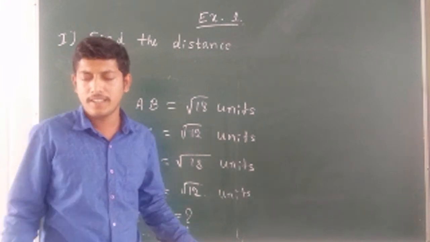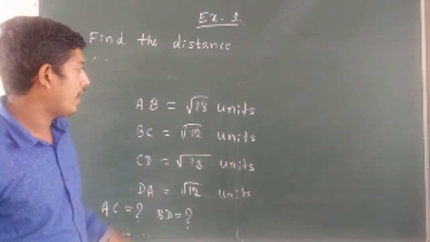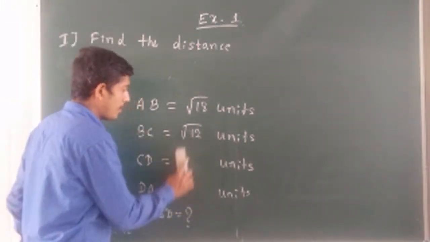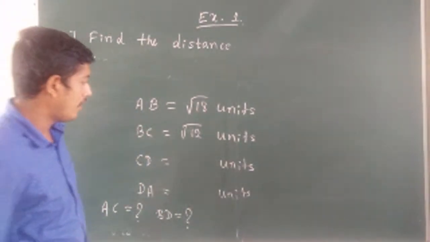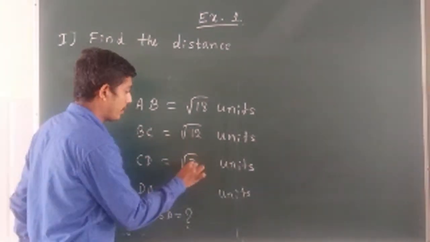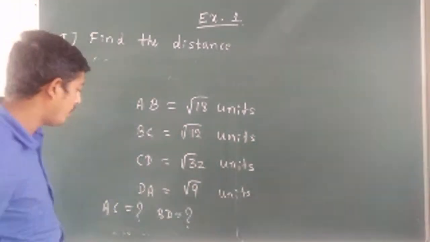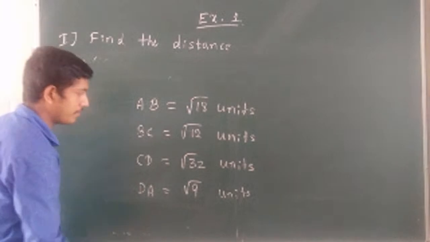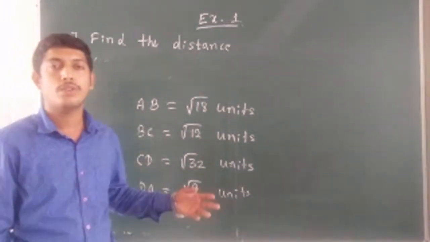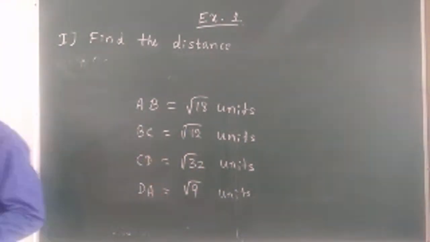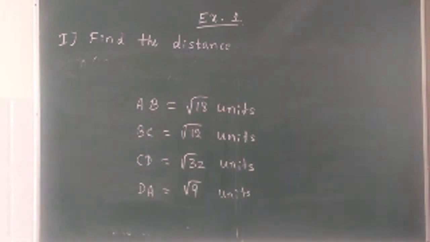And in another case, one value is square root of 18, another value is square root of 12, another is square root of 32, another is square root of 9. Then no need to find the diagonal values. Tell me which kind of figure it will constitute.